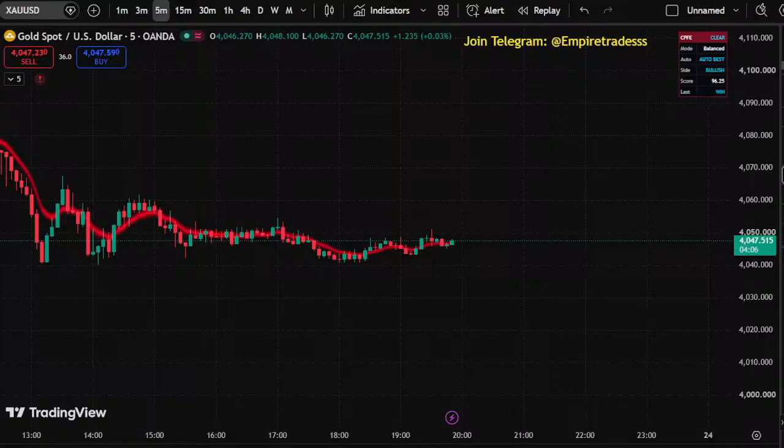One of the earliest significant impacts of a Middle East crisis on gold prices was the Arab-Israeli War in 1973, also known as the Yom Kippur War. Following the outbreak of the war, the Organization of Arab Petroleum Exporting Countries, OAPEC, declared an oil embargo against countries supporting Israel, leading to the 1973 oil crisis.